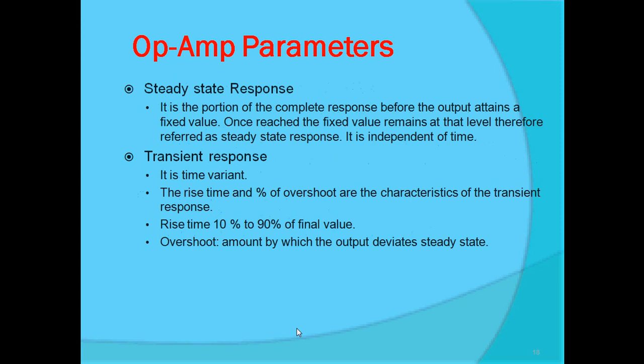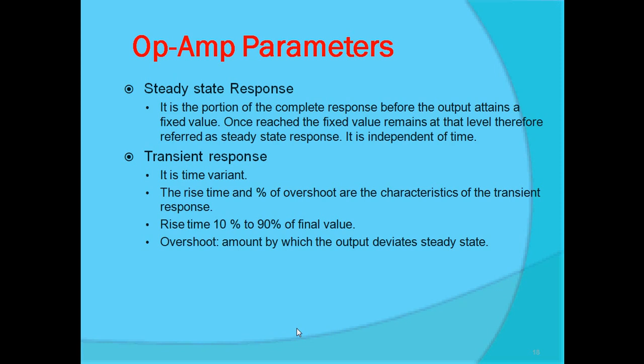Transient response. For any system, when we plot the response, that is the change in output with respect to change in time, this response is divided into two parts: one is the transient response and another is the steady state response. How can we define the steady state response?